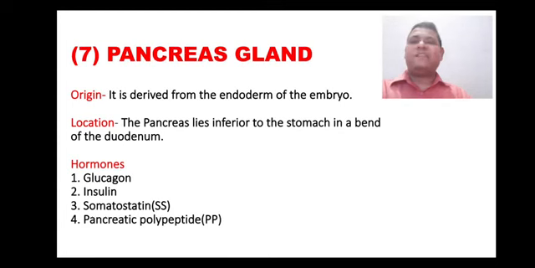The target cells of insulin are the cells of the liver, muscles and adipose tissues. Somatostatin, SS, is the same substance as the growth inhibiting hormone from the hypothalamus.